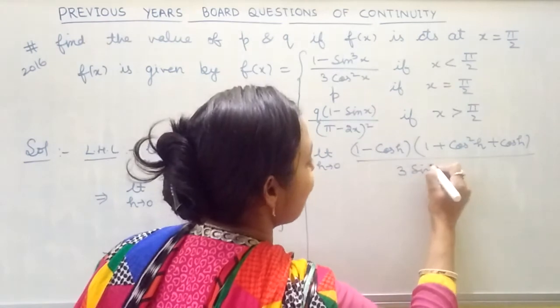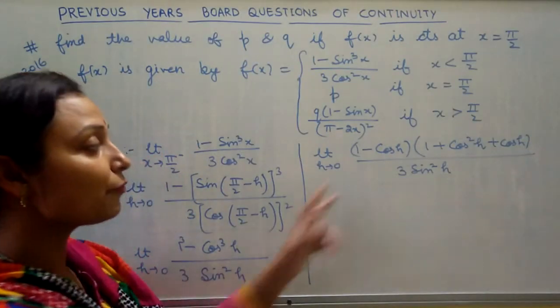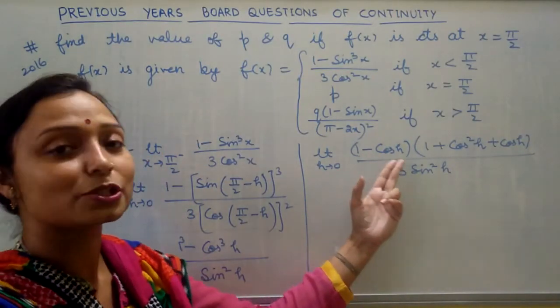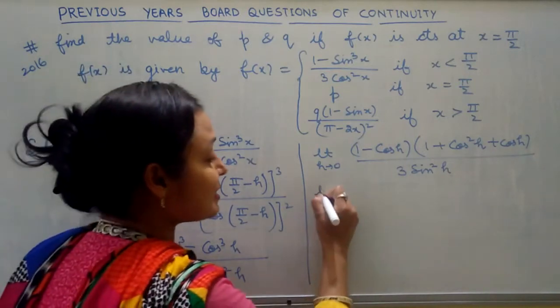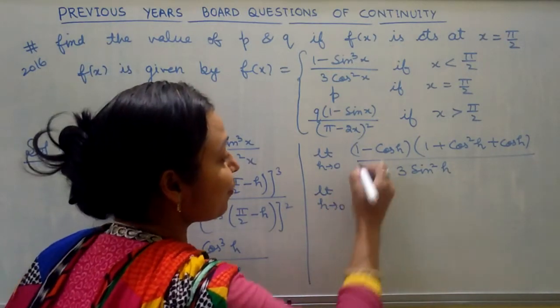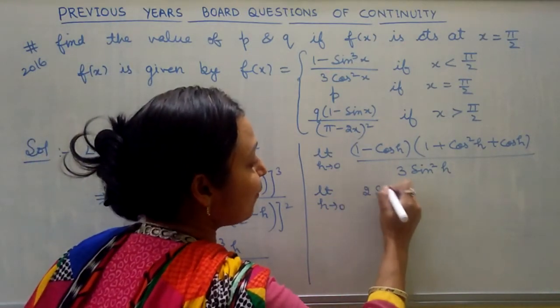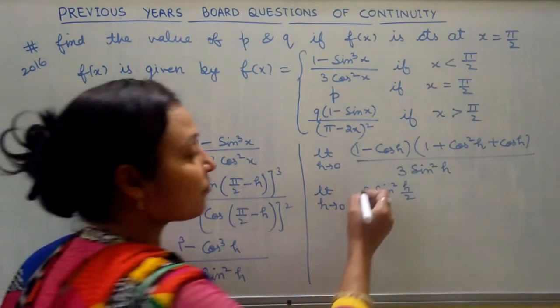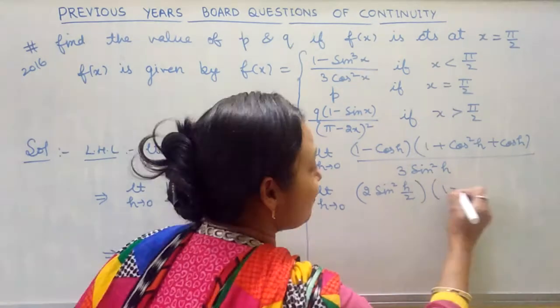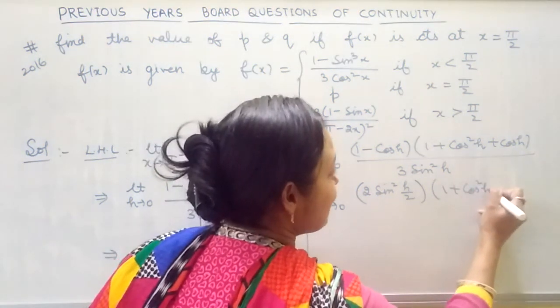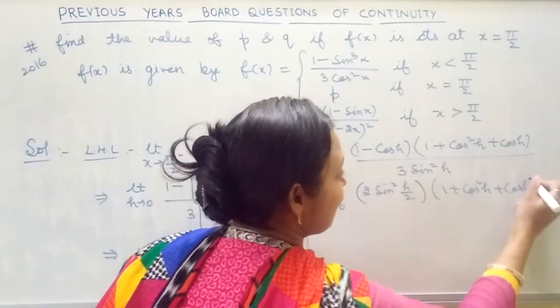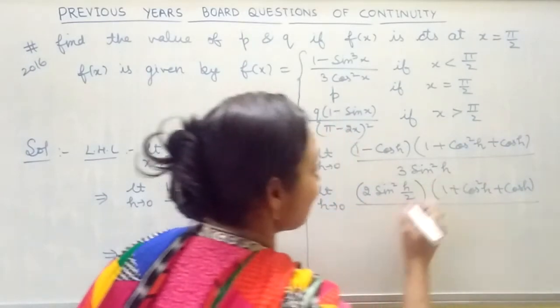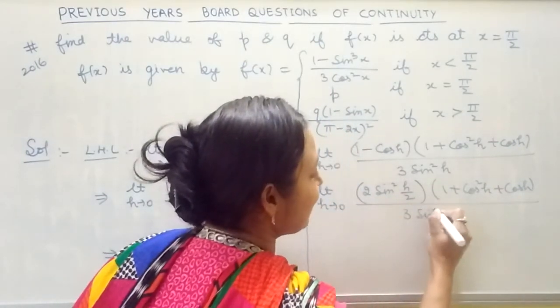Okay, now we have again this formula 1 minus cos h. So I will change, limit h approaches to 0, this will be 2 sine square h by 2. I will change the formula in the form of sine. 1 plus cos square h plus cos h, right? Divided by 3 sine square h.